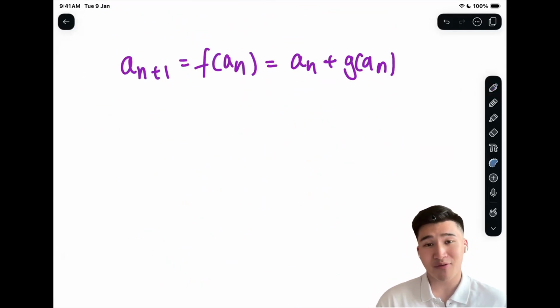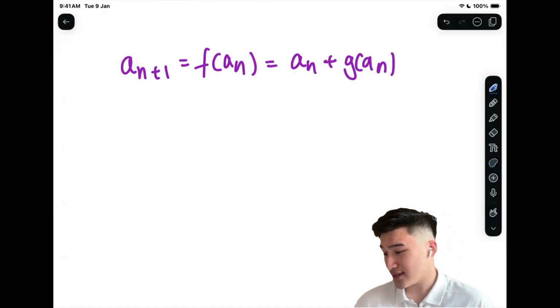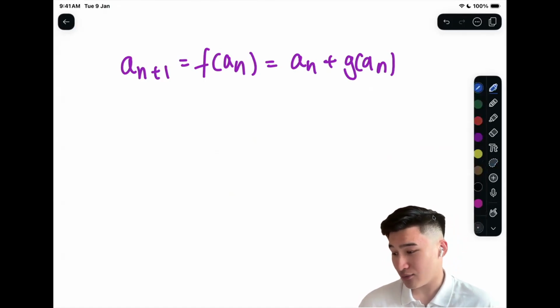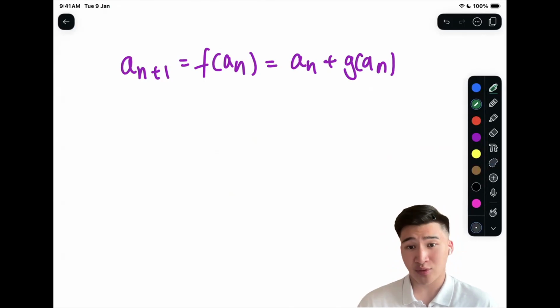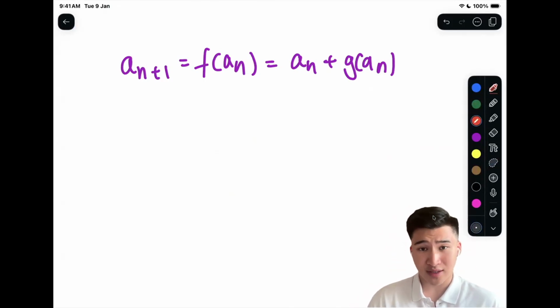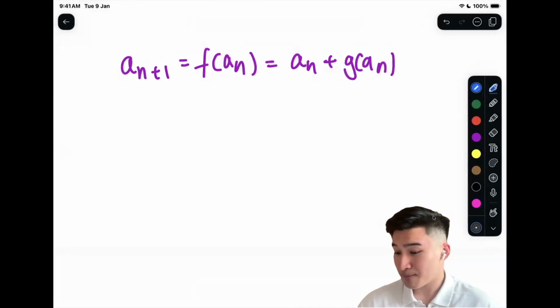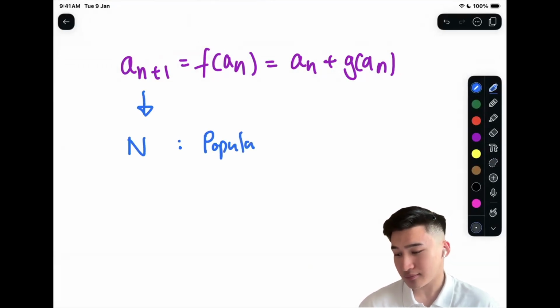I'm sure you guys remember from our last video, if we were to find the next term within a recursive sequence, it is basically a_(n+1) equals our updating function, inputting a_n, as well as equals our a_n plus our difference function. So this time, using a discrete time model, we're trying to model population. So instead of a_n, we would use N, meaning population.